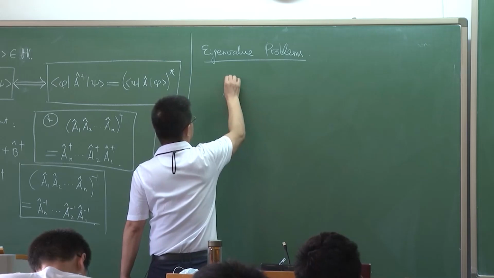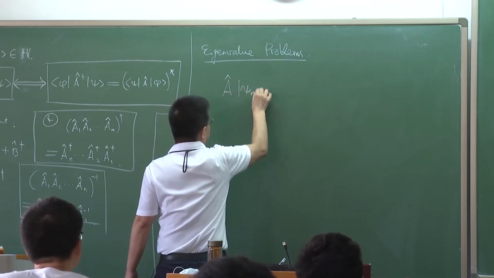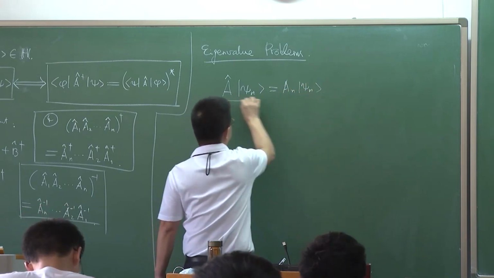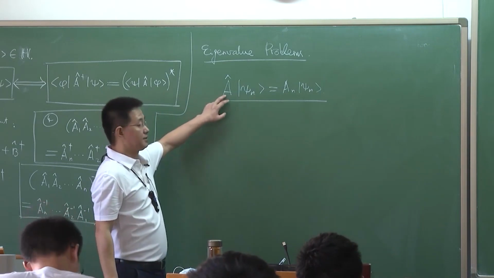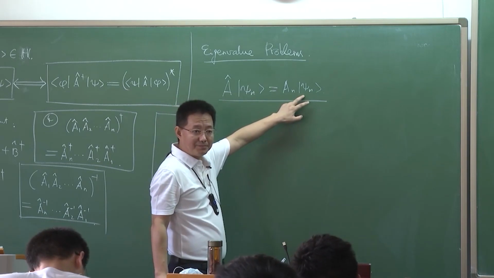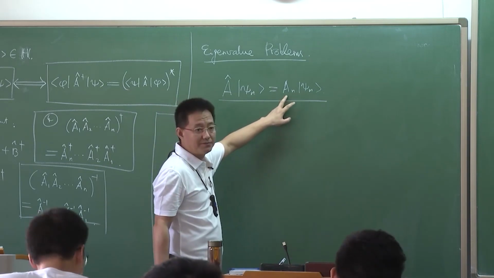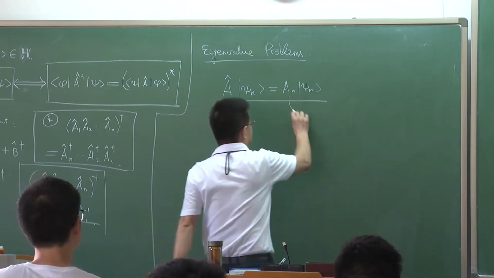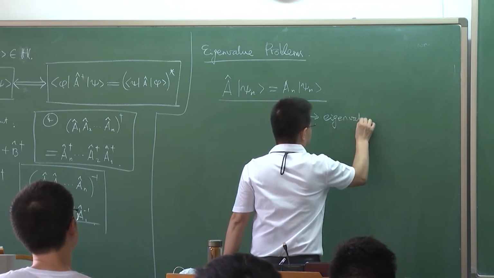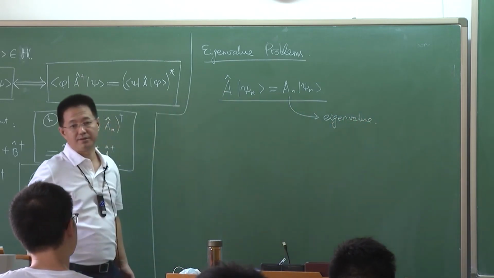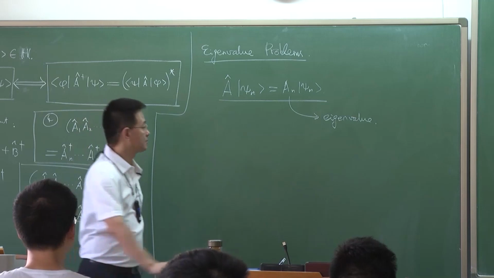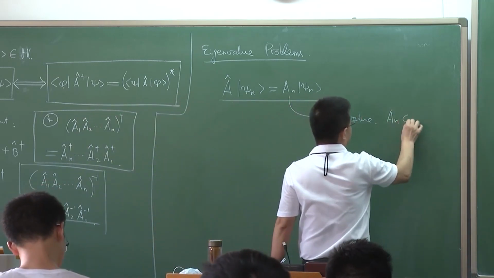If you have an observable like this, you find that if this operator operates on such a state, and the state is the same, and before that you have a number here, this number is called the eigenvalue. The eigenvalue of the operators in the Hilbert space is normally a complex number, right? So An is this.